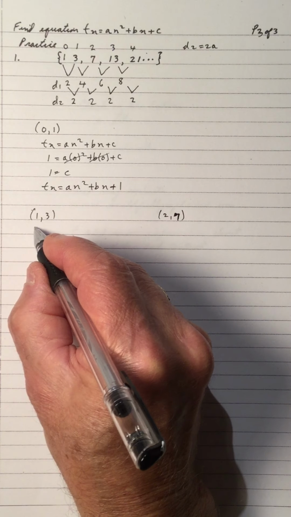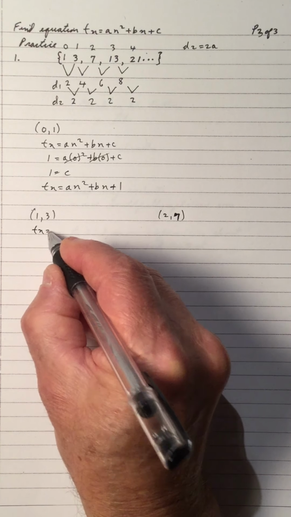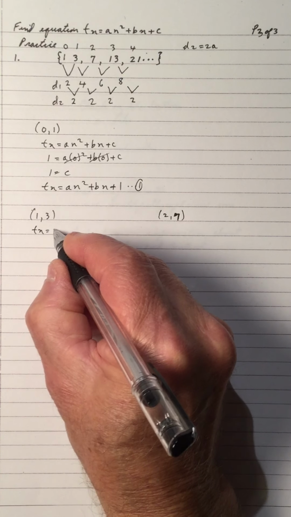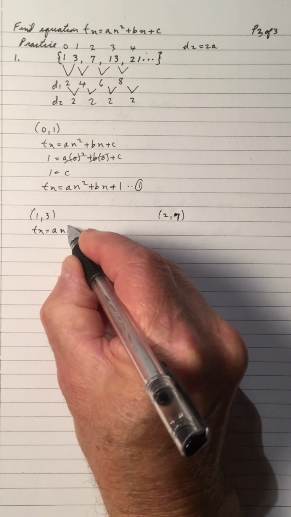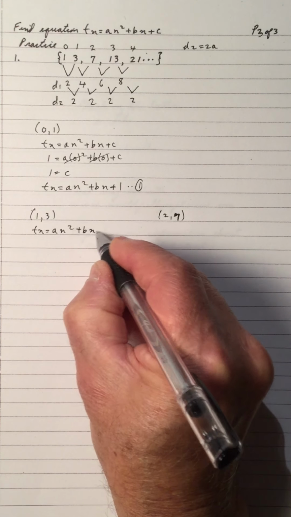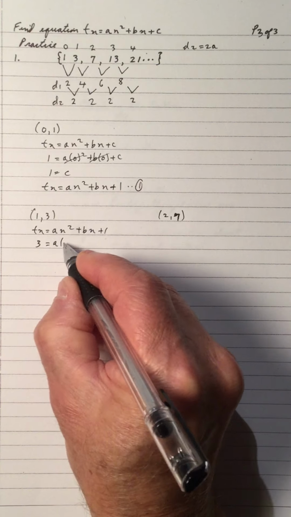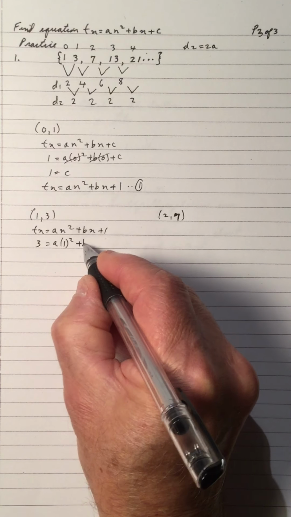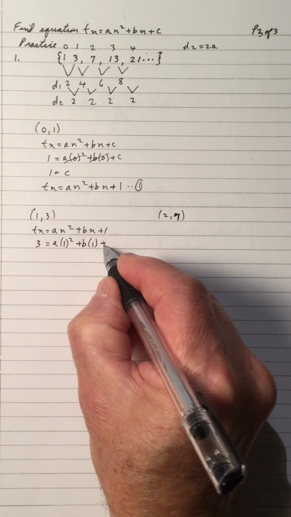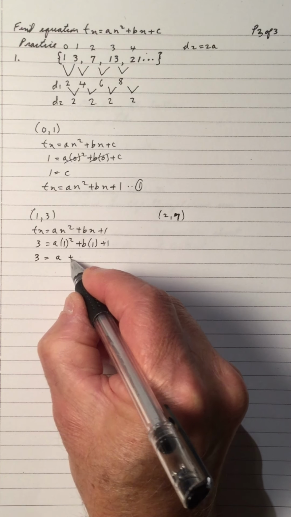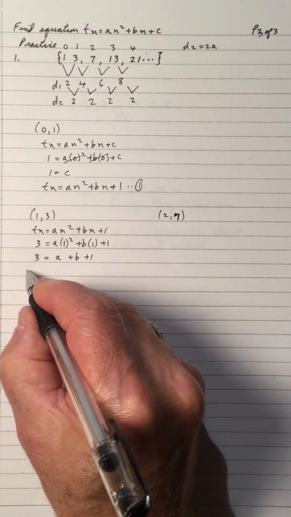So 1, 3: you're going to plug this into this equation. So there's the equation. We're subbing it into number 1. So 3 equals a(1 squared) plus b(1) plus 1.